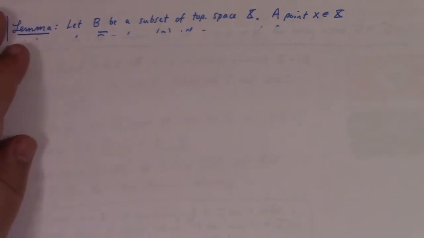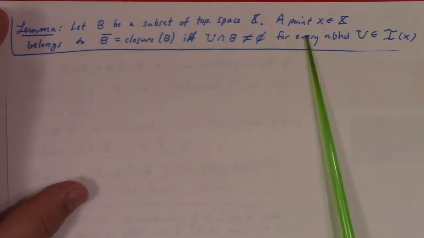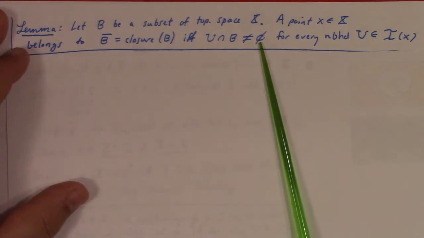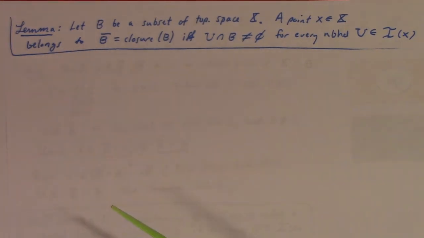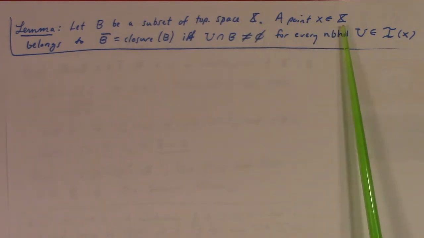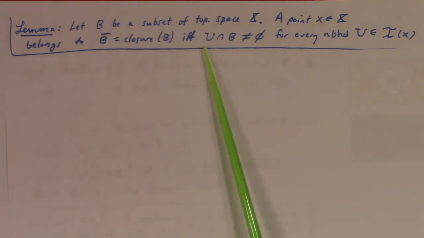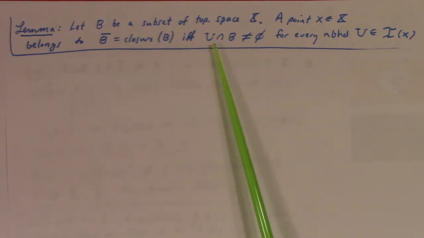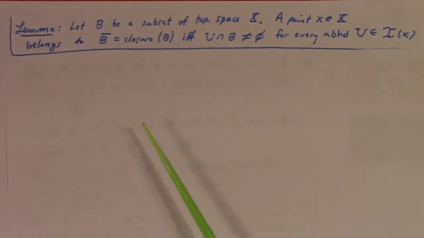Lemma. Let B be a subset of a topological space X. A point X belongs to the closure of B if the intersection of U and B is non-empty for every neighborhood U of X. Let me read that again.